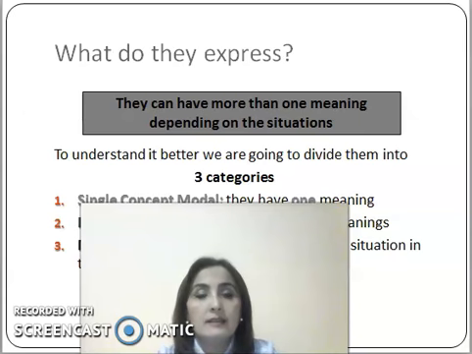To understand it better, we are going to divide them into three categories. The first category is single concept modals; they have one meaning. Double concept modals have two meanings. And the modals in the past are used to express situations in the past.